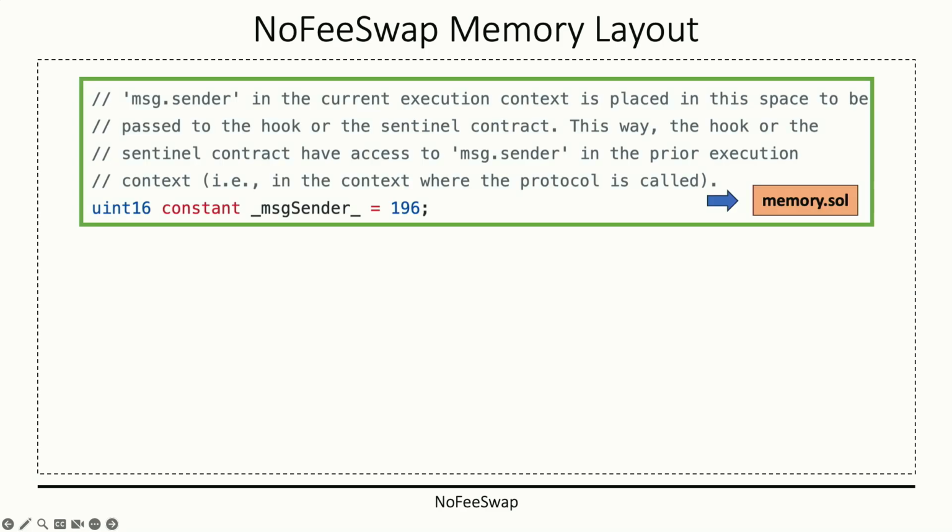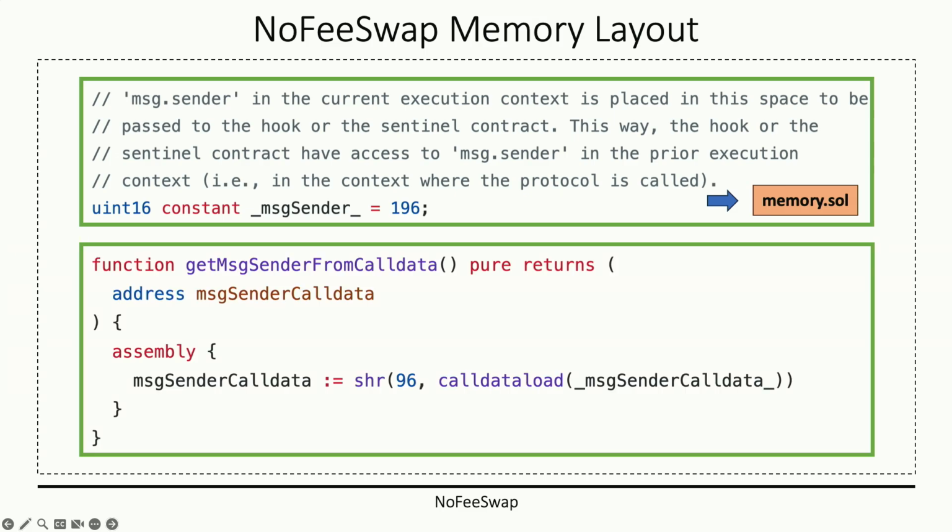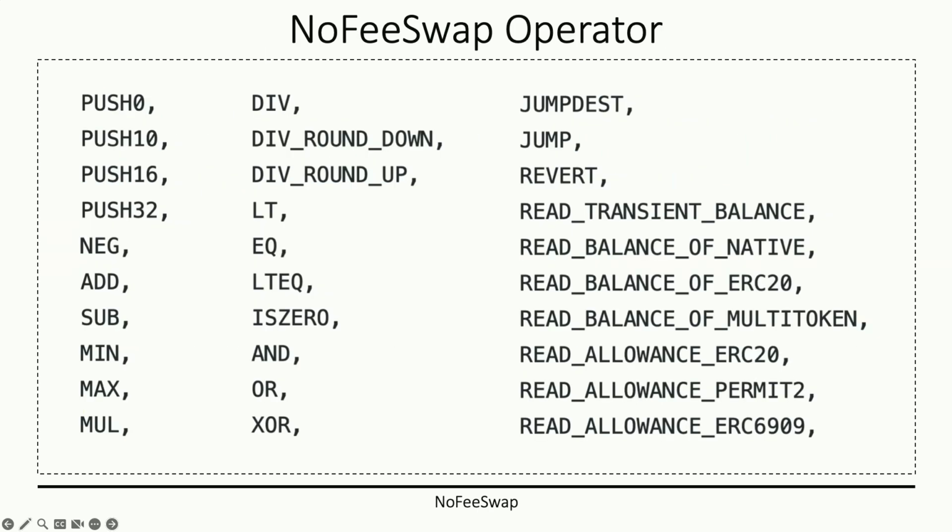This is all handled in memory.sol. All of the pointers, setters, and getter functions are there. You can find a thorough description of all parameters there as well. There also are getter functions to be used by hook contracts. This one, for example, inquires about the color of the prior context by reading the dedicated place in calldata.